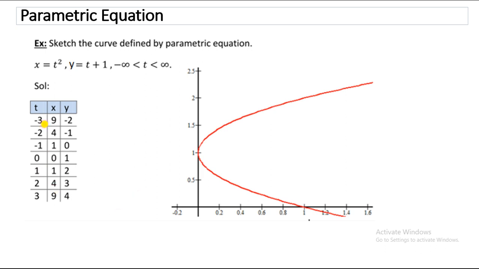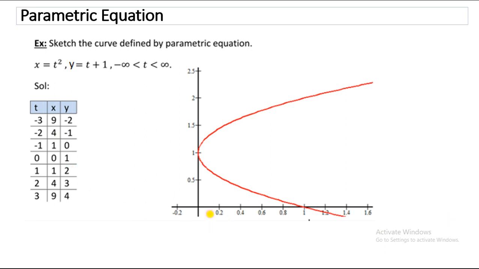I want to sketch these points. If x equals 9, on the x-axis, and y equals minus 2, there. If x equals 4, y equals minus 1.